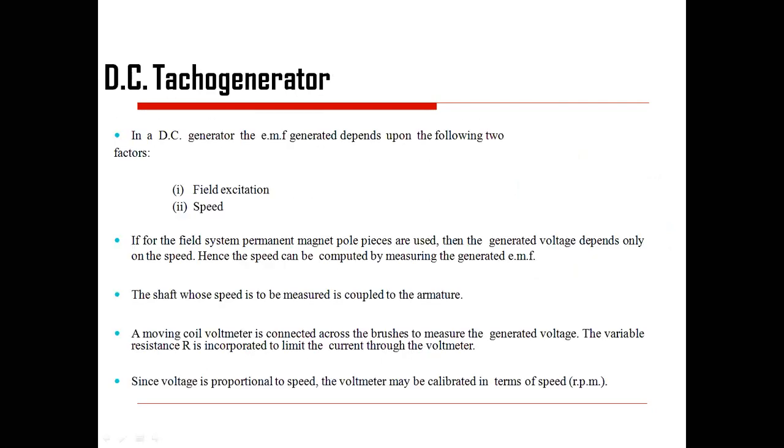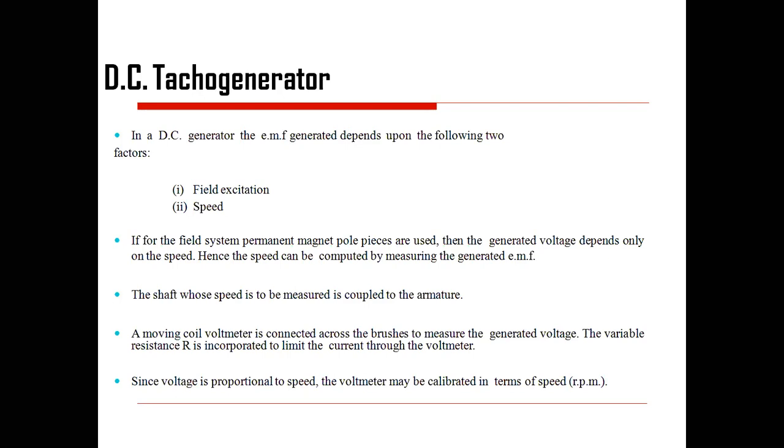Now, the DC tacho generator. In a DC tacho generator, the EMF, that is the voltage generated, depends upon the following points. The first is the field excitation, that is the input we provide to it, which we are going to keep fixed. And the second one is the speed.